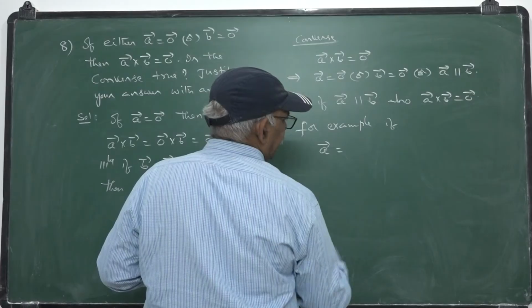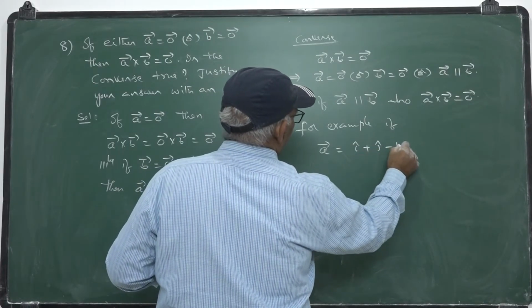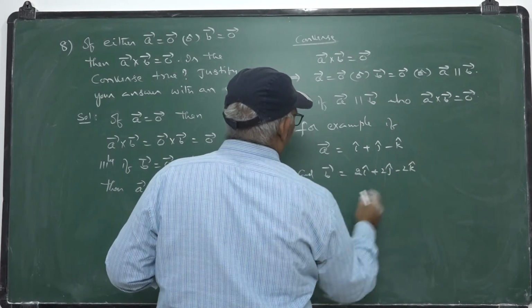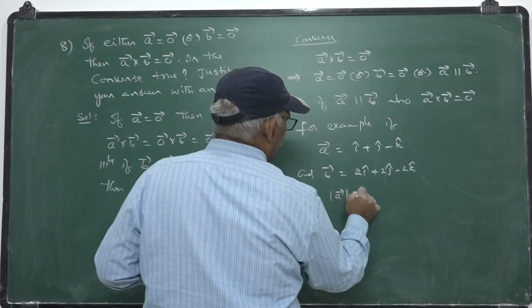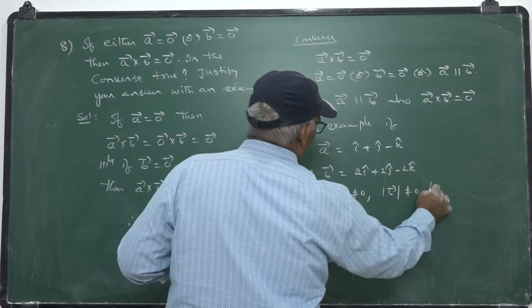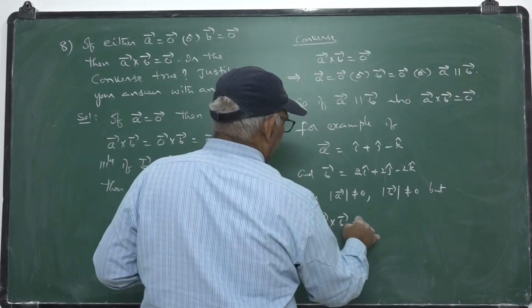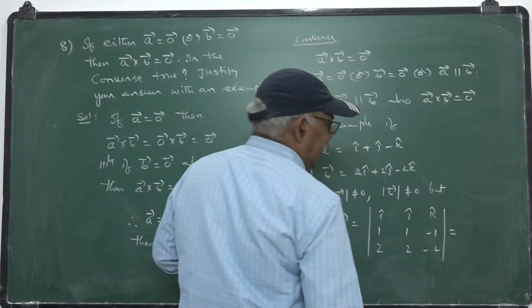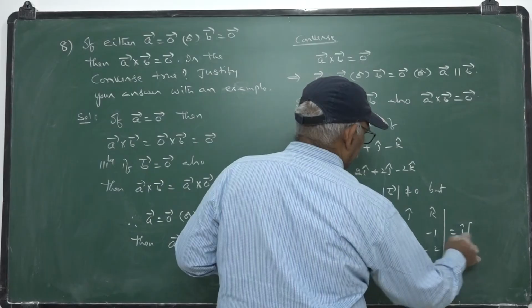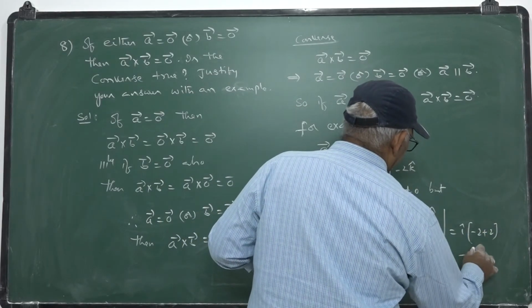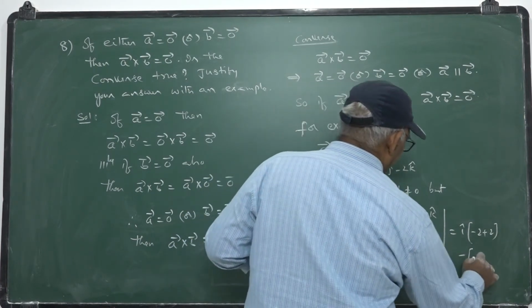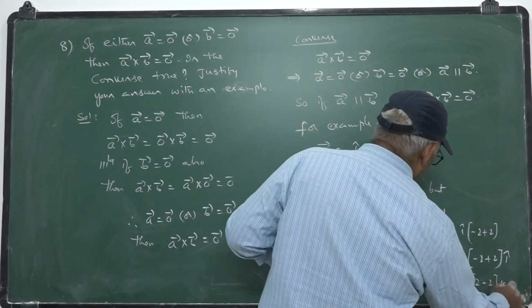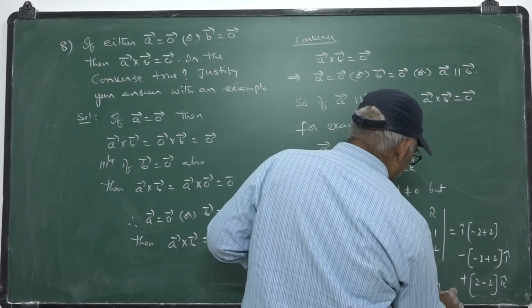if A bar is i plus j minus k and B bar is 2i plus 2j minus 2k, then mod A bar is not equal to 0, mod B bar is not equal to 0, but A bar cross B bar is the determinant i j k, 1 1 minus 1, 2 2 minus 2, which is i into minus 2 plus 2, minus j into minus 2 plus 2, plus k into 2 minus 2, clearly 0i 0j 0k.